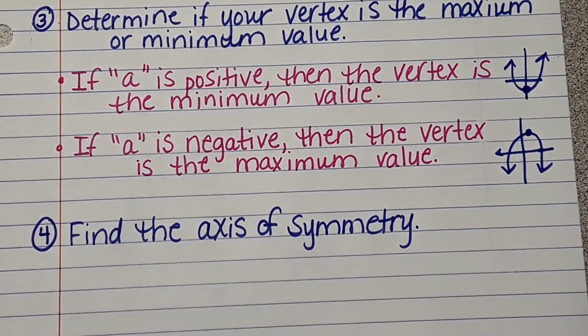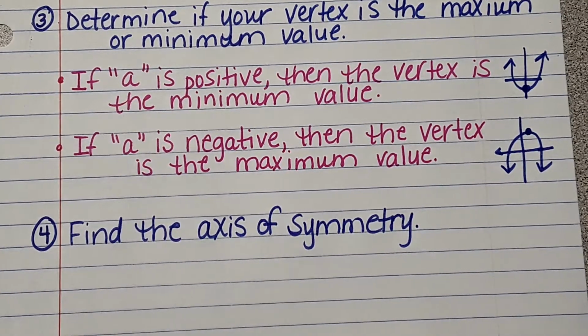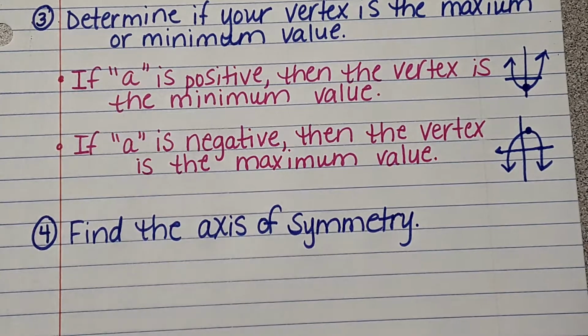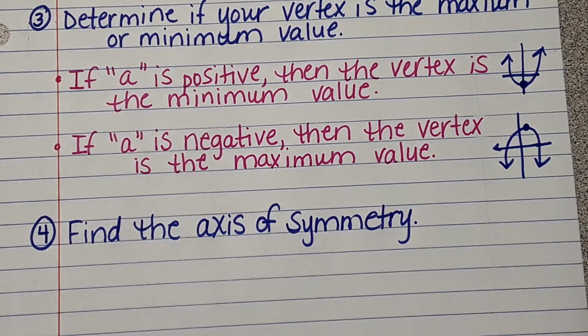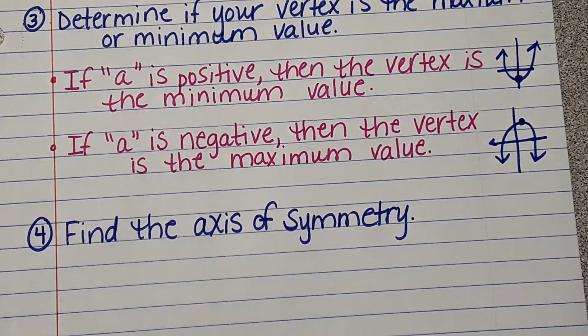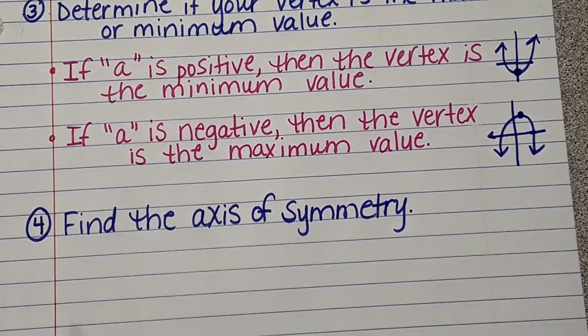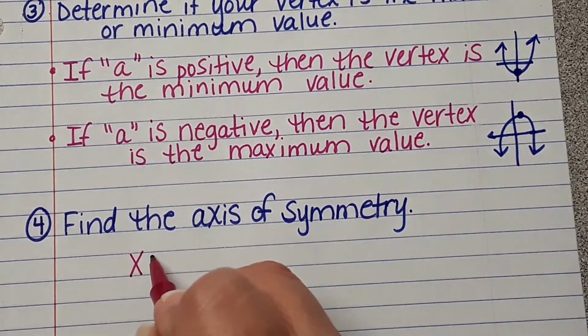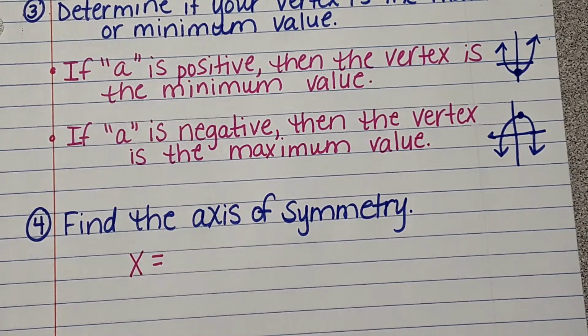So if in geometry you learned about the line of symmetry, this is kind of the same thing. It cuts the parabola in half. It's just called the axis of symmetry. You do need to know that the axis of symmetry is a line. So when you go to write your answer, if I specifically ask you to find the axis of symmetry, the x has to be there because it's a line. The axis of symmetry is not just a number, it's a line.